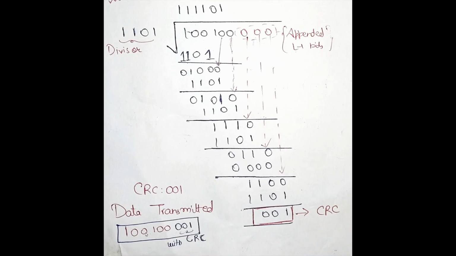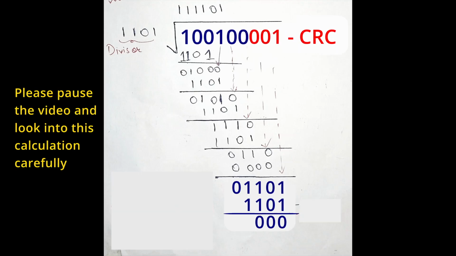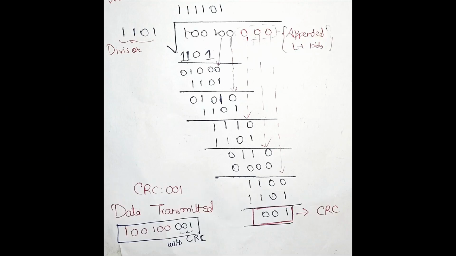This entire block is going to be divided again with the common divisor that was decided earlier. So this entire block, 100 100 and 001, is going to be divided by 1101. So just place this block in the place of the earlier block. Now if the remainder comes out to be all zeros, then the data is correct, otherwise it's wrong.